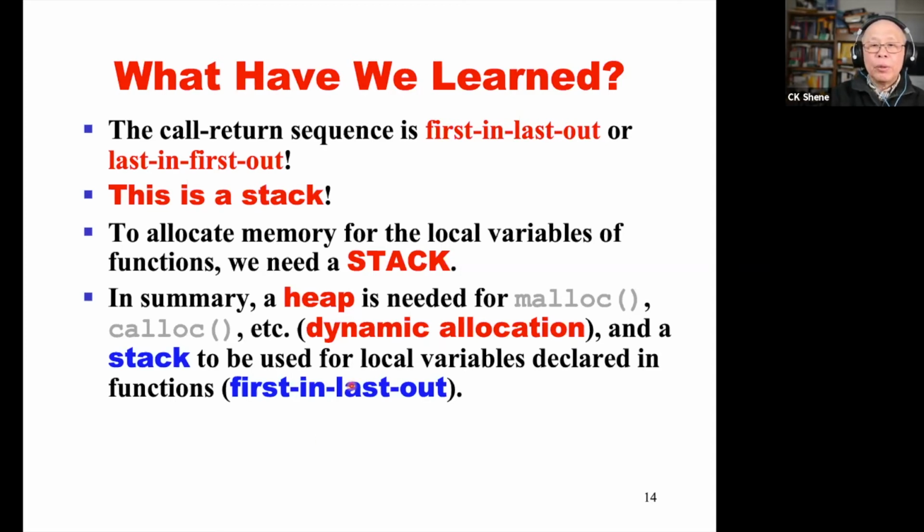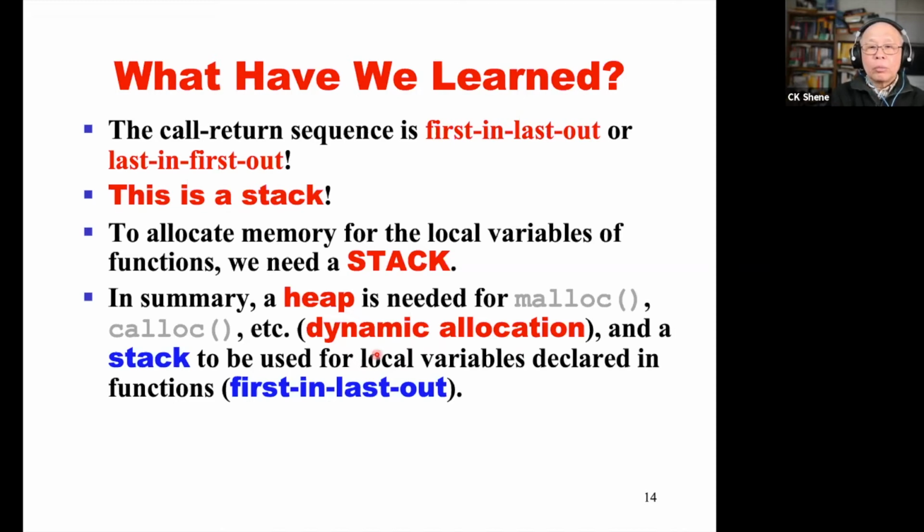By the same reason, the size of the heap is also unknown, because you call malloc and calloc usually in an unexpected way, completely depending on your program execution logic. This is referred to as dynamic allocation.